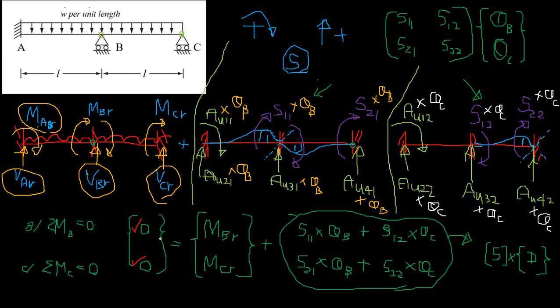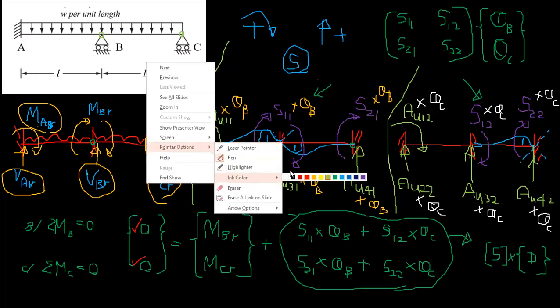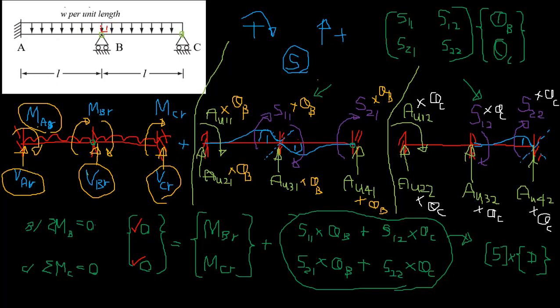So I can find at first redundant coordinate of the displacement. Here is the first, here is the second, and I can see the total bending moments are 0. That's not a problem. So here you need to find MBR and VBR.